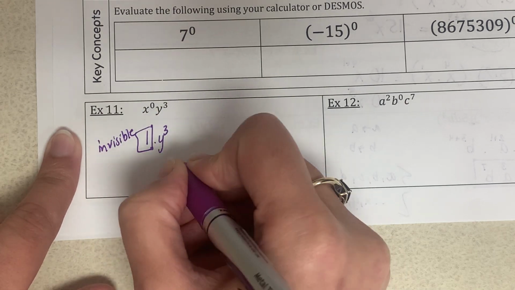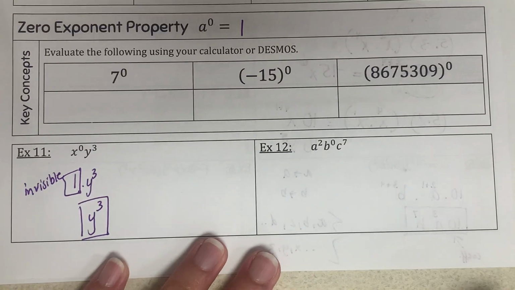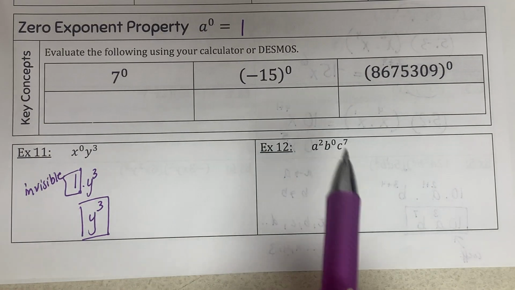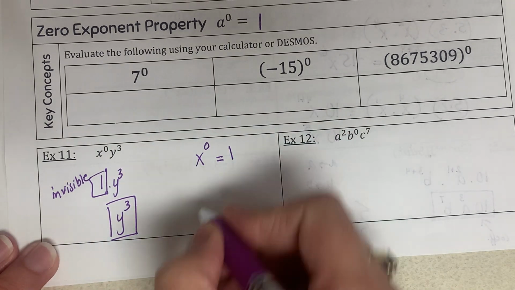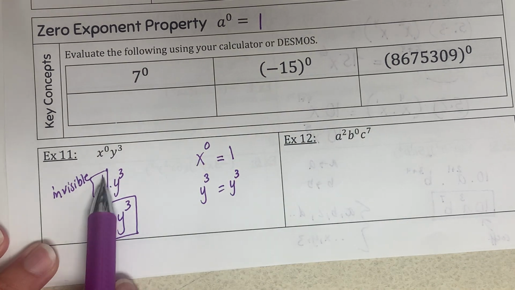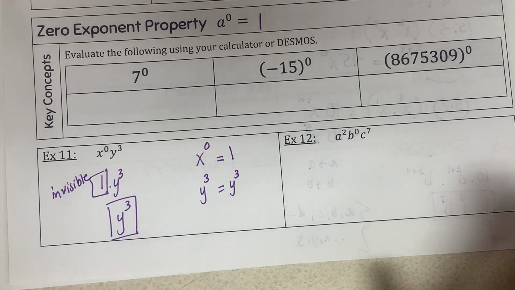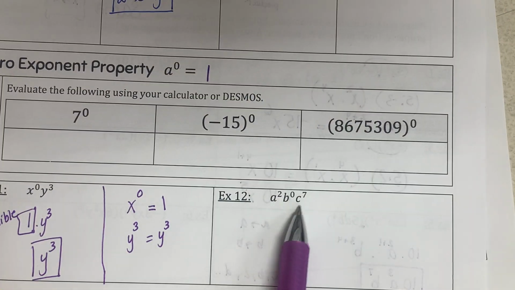So this is basically equal to y³. x to the power of 0 is equal to 1, and y³ is equal to y³. So that is how I was left with this. Go ahead, solve this one.